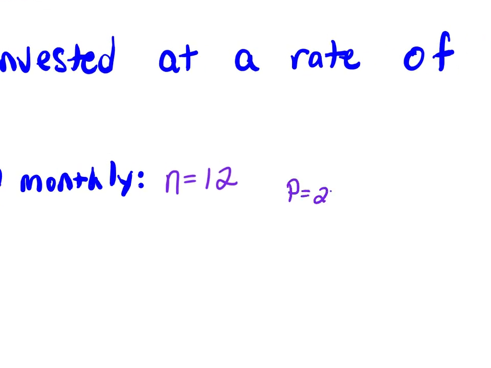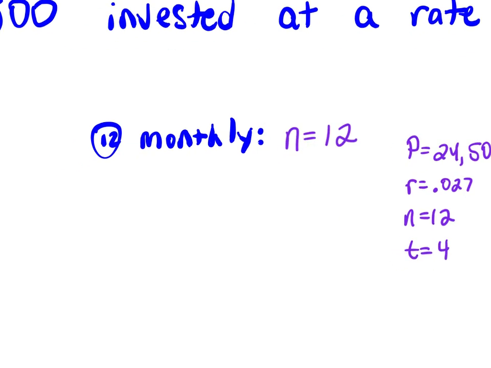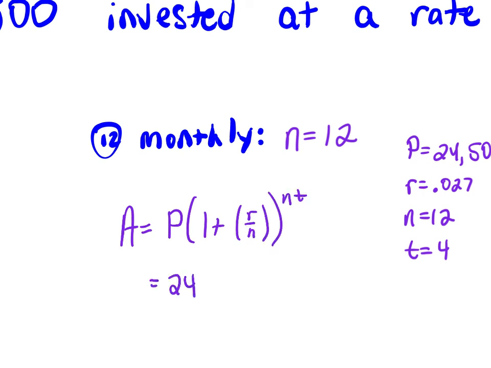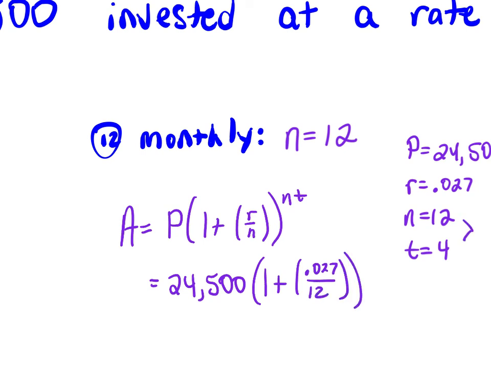So my principal was $24,500. My rate was 0.027. My N is 12, and the time that we're talking about is 4 years. So I have A equals P times (1 plus r over n) raised to the nt power. When I plug in my numbers, I have 24,500 times 1 plus my interest rate 0.027 over, now I'm using 12, double parenthesis, and I can multiply these two together, or I can put in my calculator 12 times 4, but it's raised to the nt, so it's to the 48th power.